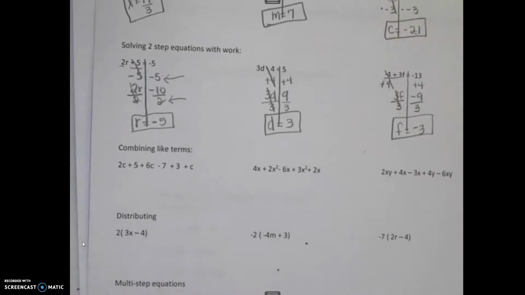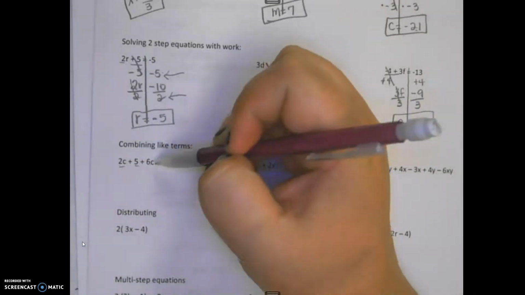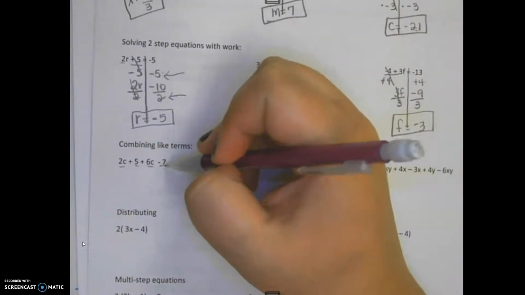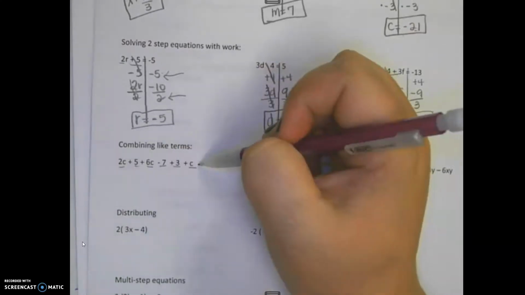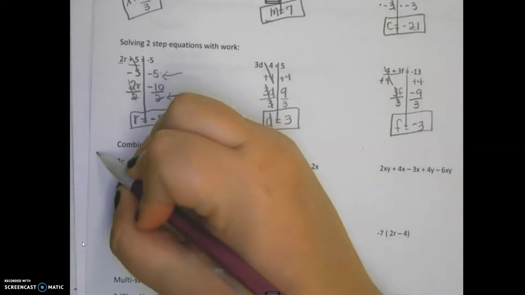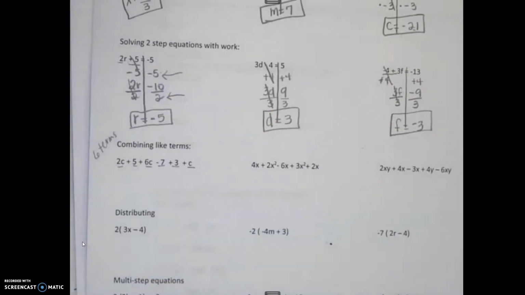All right, combining like terms. So some vocabulary words here. Terms are actually each of these. So 2c is a term, 5 is a term, 6c is a term, negative 7 is a term, 3 is a term, and c is a term. So in this equation right here, I have 6 terms. All right, I'm going to combine the ones that are alike.